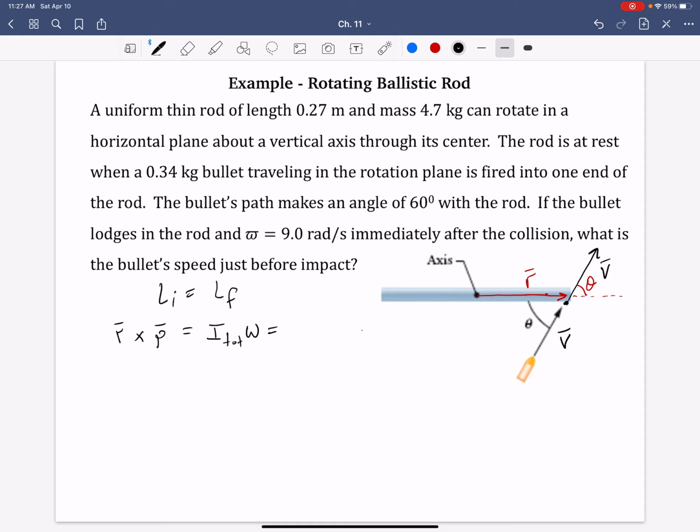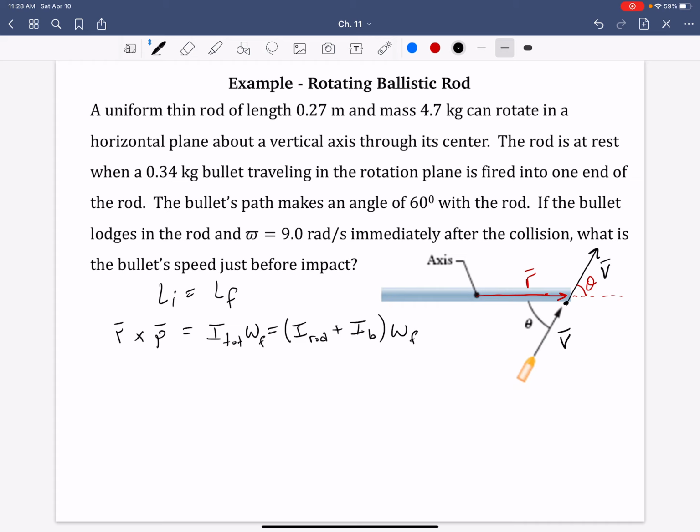There are really two objects here. There's the rod, so the moment of inertia of the rod plus the moment of inertia for the bullet, and they both rotate with a common omega final.